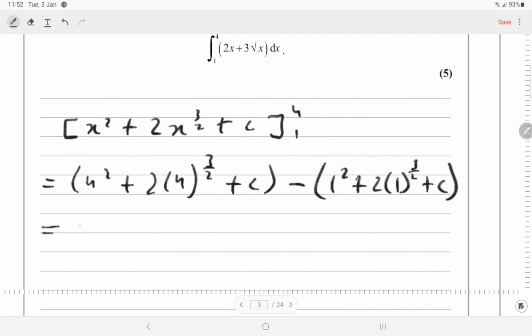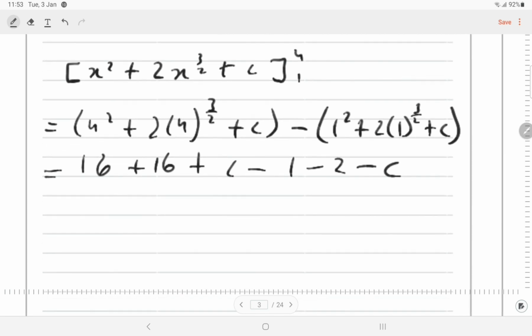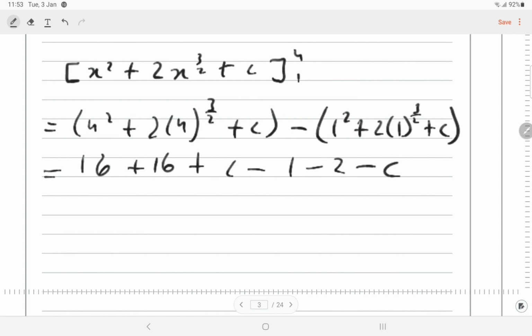So then we write 16, this becomes again 16, this becomes plus c, minus 1. Remember, we are doing 1 times this minus times this, so there's a minus sign, so be careful with that. Minus, and then minus 2 minus c. So you see there's a plus c and there's a minus c, so the c's cancel out, and then we get the value 32 minus 3, that is equal to 29.